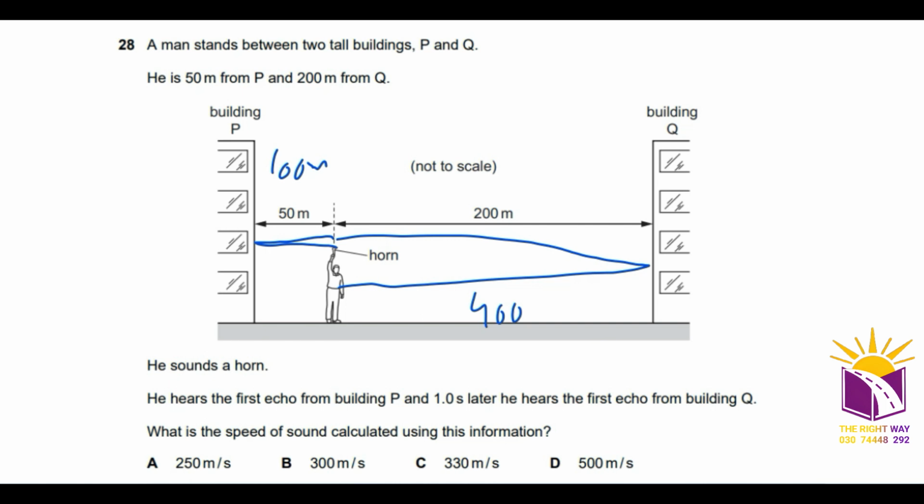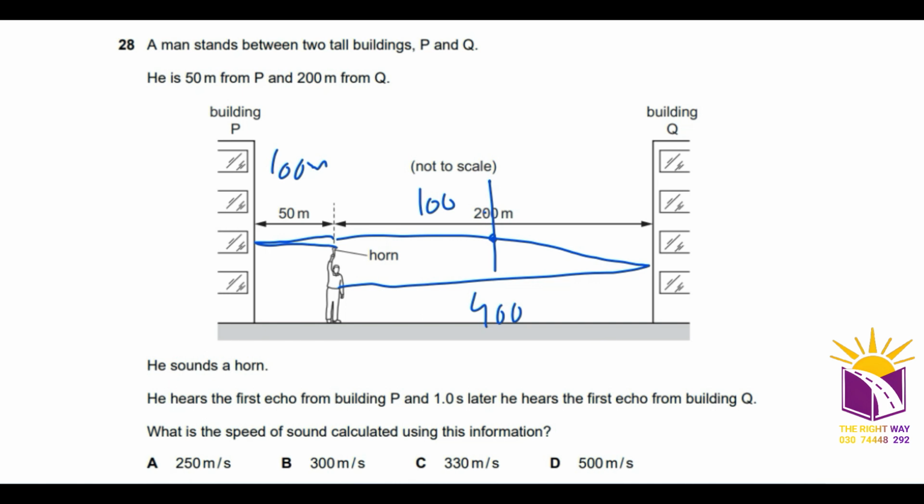Now, at the first echo, the wave moving toward building Q has traveled a distance of 100 meters.